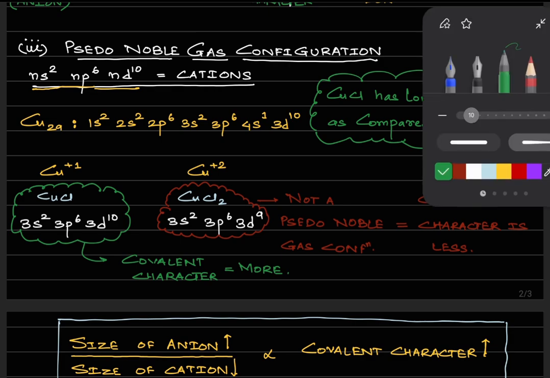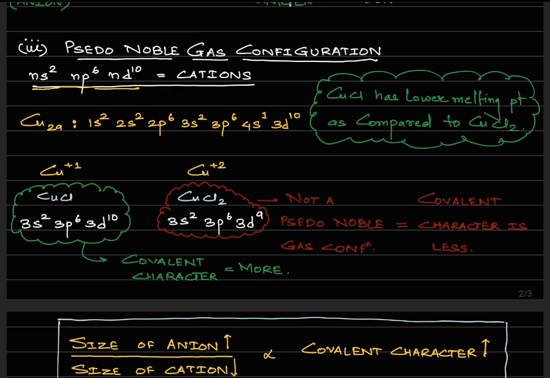Okay, you could also expect similar questions on certain cations, like Cu+1 and Cu2+ that we just discussed. Okay, you could also expect for Ag plus, you could also expect for Au plus.